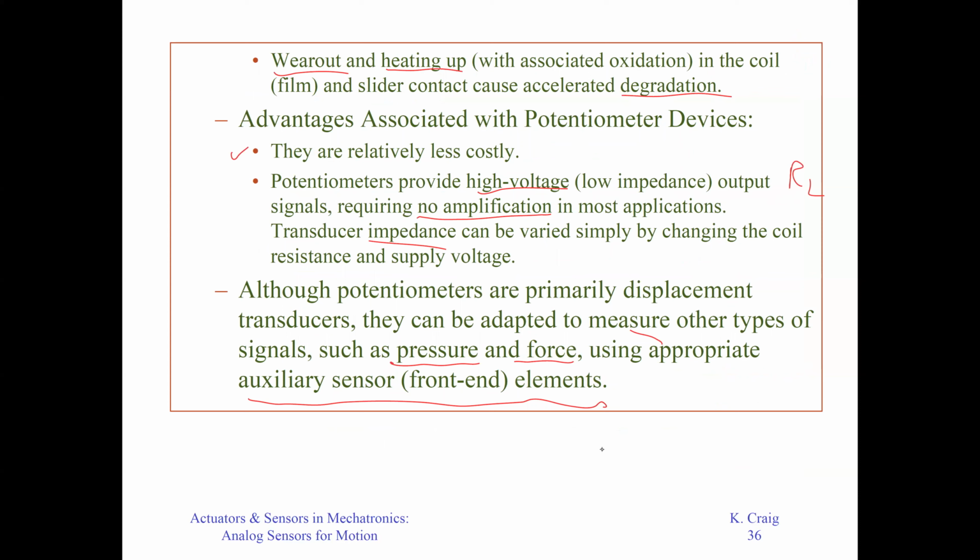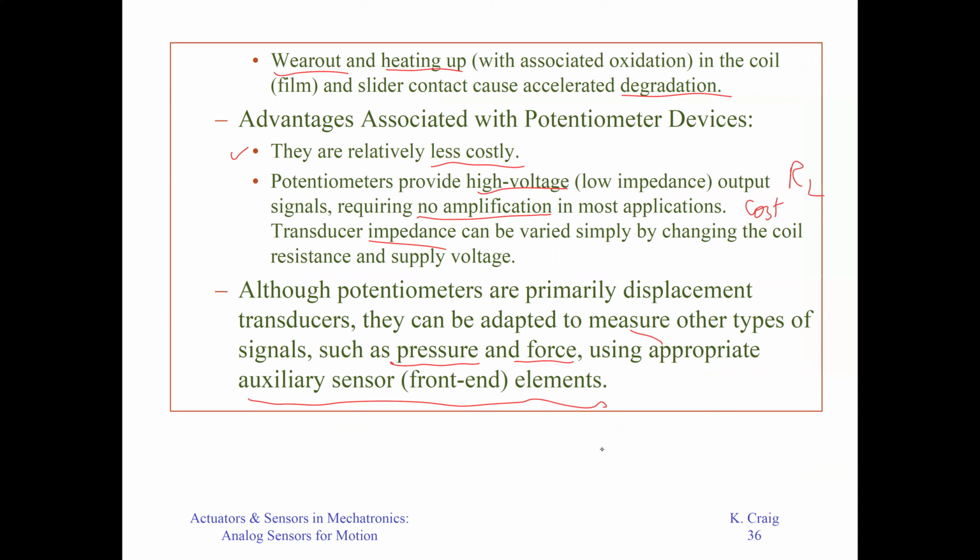The benefits, of course, are that it is less costly, cheaper, widely available. You have a high voltage output signal. It's usually high. You don't have to use amplification in many of the applications. So again, this will save a lot of cost, okay.